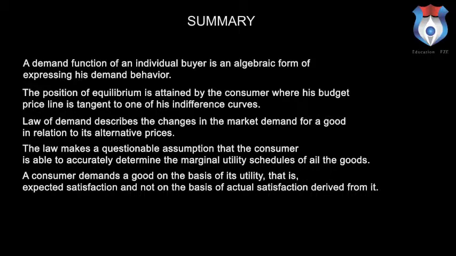The law makes a questionable assumption that the consumer is able to accurately determine the marginal utility schedules of all the goods. A consumer demands a good on the basis of its utility, that is, expected satisfaction, and not on the basis of actual satisfaction derived from it.